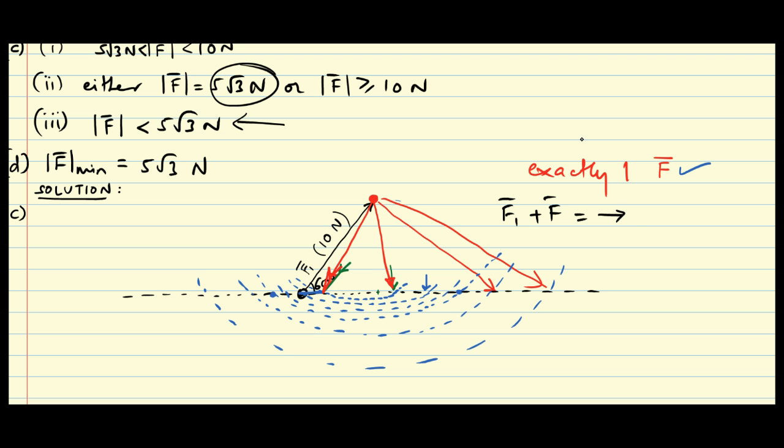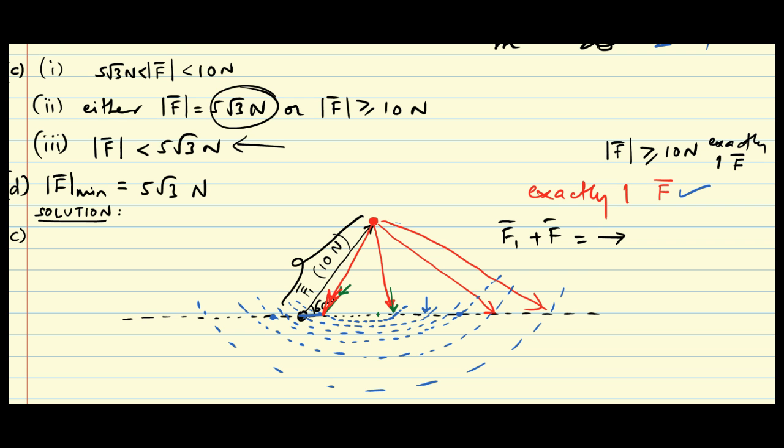It means that for large values of mod f bar, you seem to get one direction for f bar which is acceptable, and as you go on decreasing mod f bar right up till the point when mod f bar is equal to 10 newtons, in other words, as long as mod f bar is larger than or equal to 10 newtons, you get exactly one possible direction for f bar, and that is what I meant when I gave this part of the answer over here.